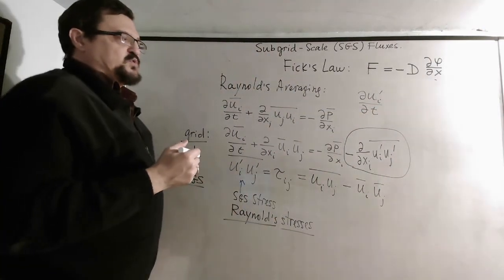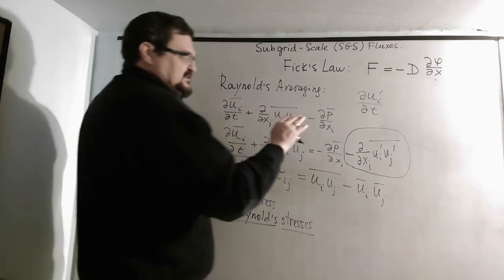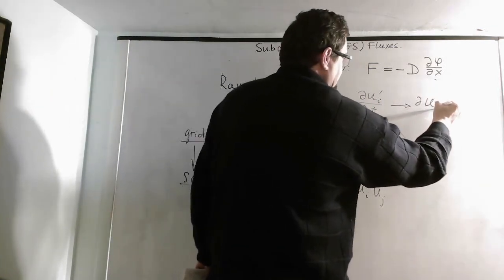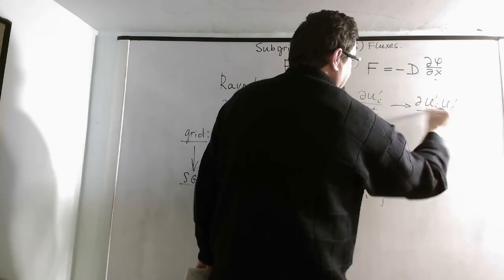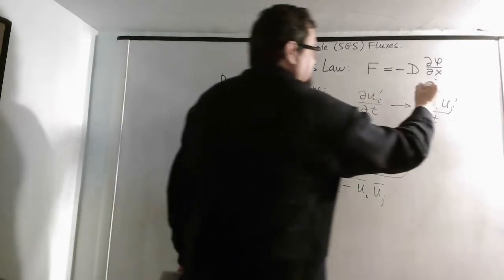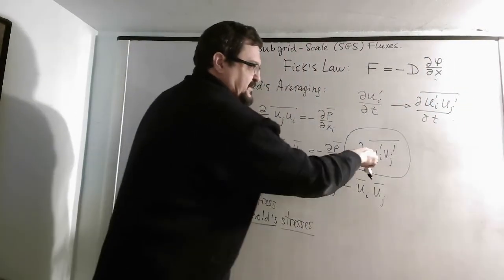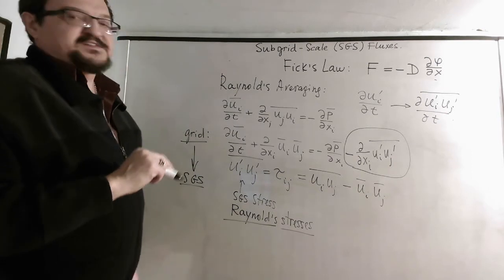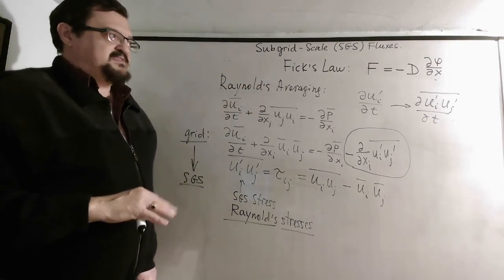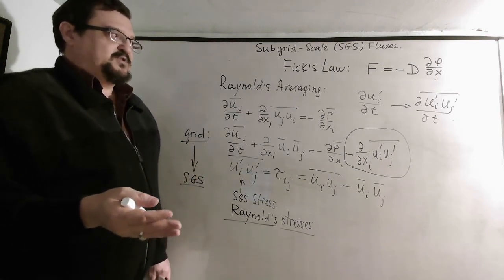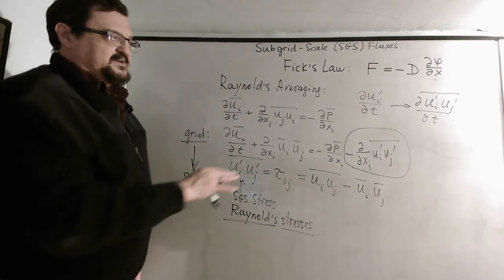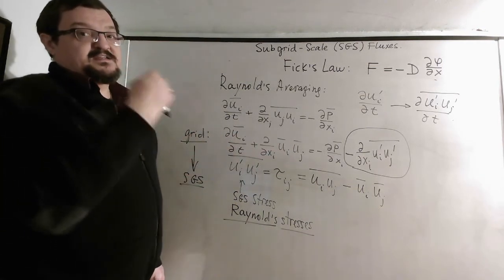Now if you multiply it by another component and average it, you will have prognostic equations for your Reynolds stresses that depend on some terms on the right-hand side. And then you basically say, okay, I'm done. I can represent my subgrid scale processes with a set of another equations.